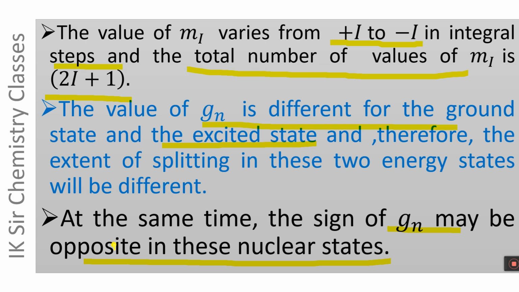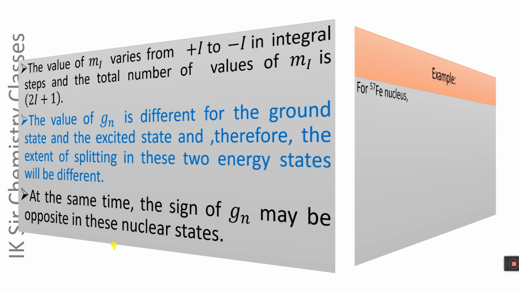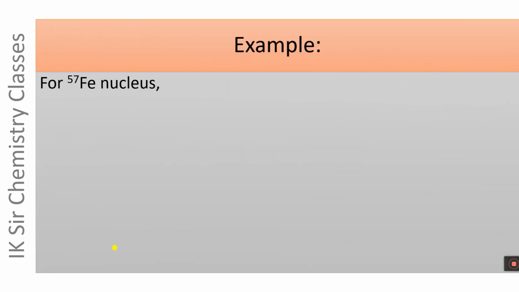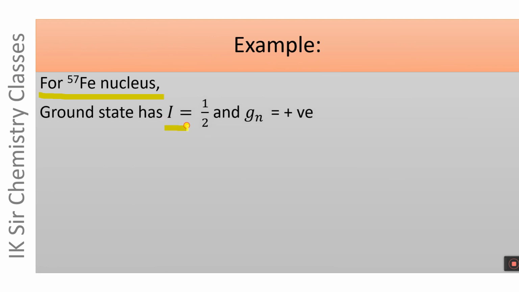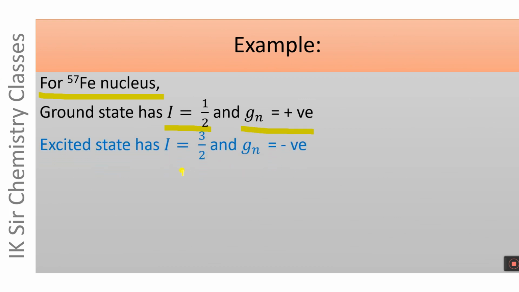Let us illustrate with an example. In the case of Fe57 nucleus, the ground state has I equals 1 by 2 and gn is positive. On the other hand, the excited state has I equals 3 by 2 and gn is negative.